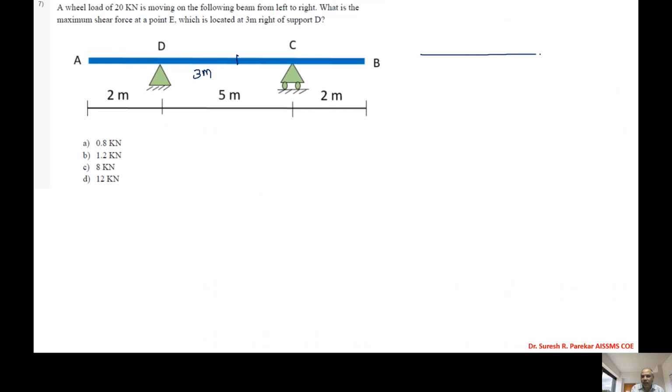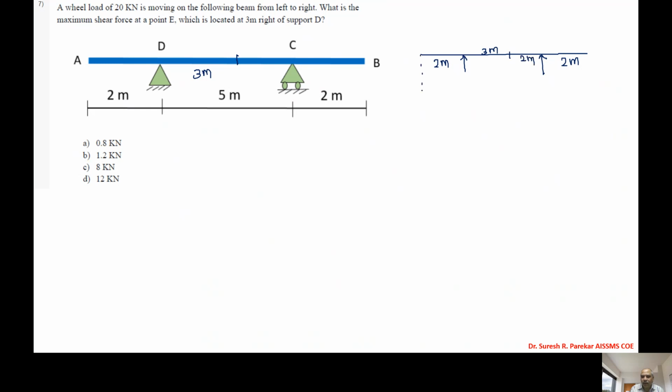Now if I draw the diagram of this, then this will be 2 meters, then this will be 2 meters, then somewhere it is 3 meters, and this is 2 meters.